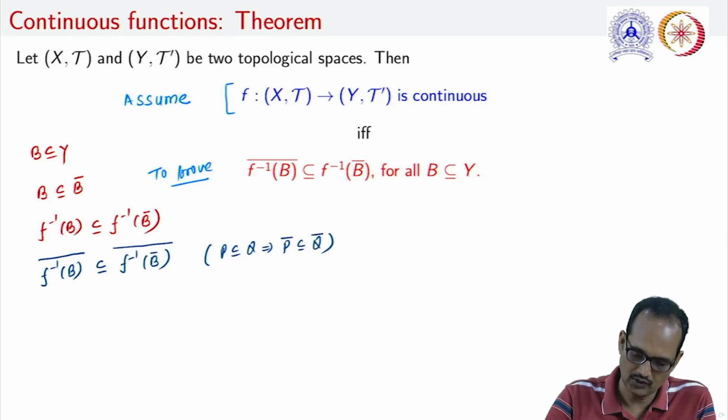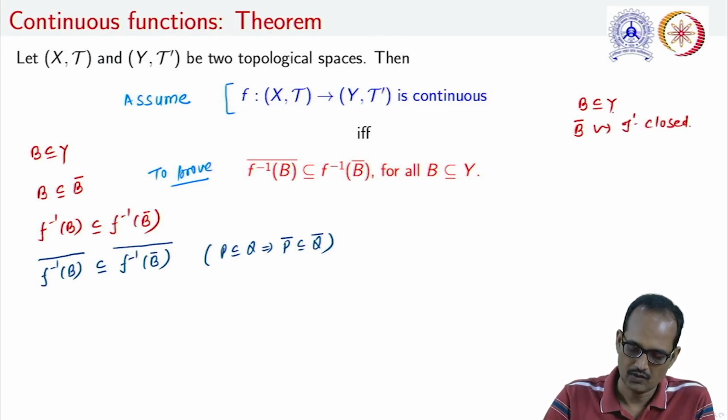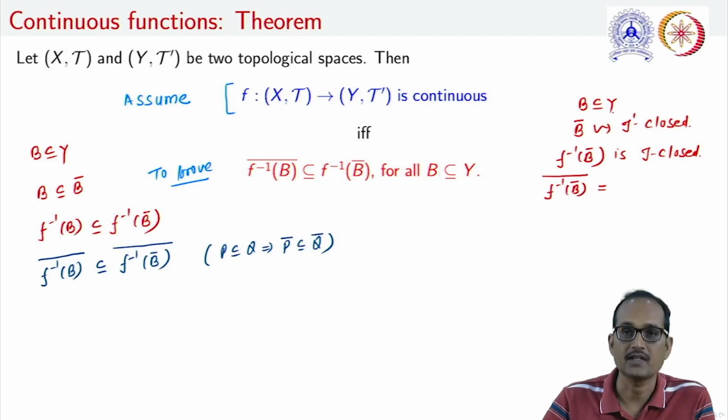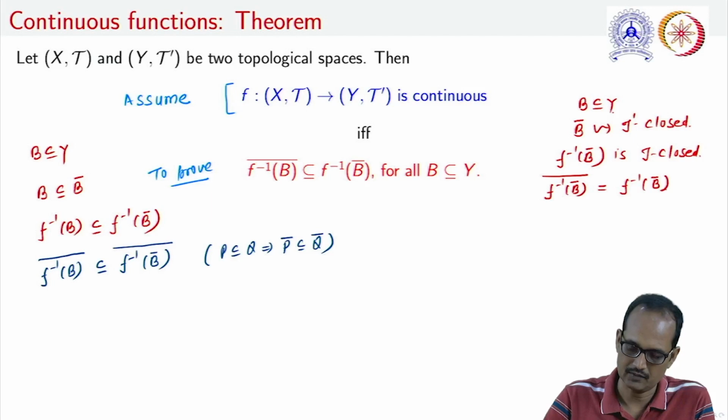Now one more thing is here, that is this B is a subset of Y. What about this closure of B? Note that this is τ' closed. If this is τ' closed, as f is continuous, f inverse(closure of B) is τ closed, and therefore by the concept of closure, the closure of f inverse(closure of B) will be the same as f inverse(closure of B).